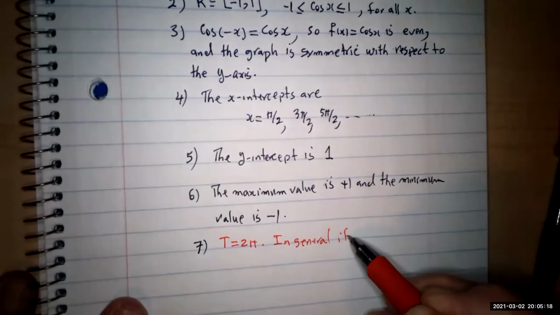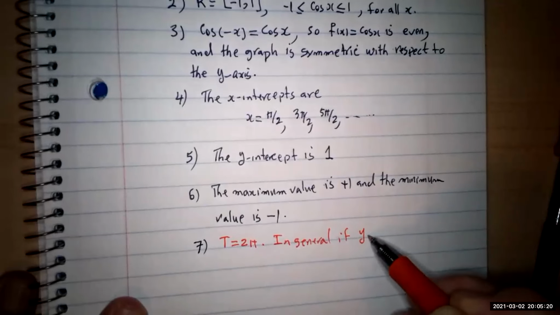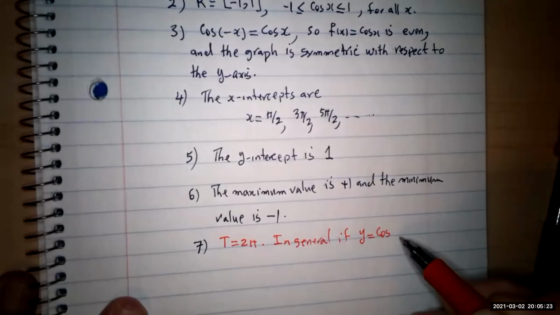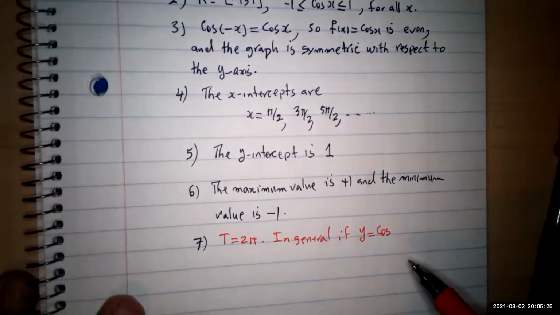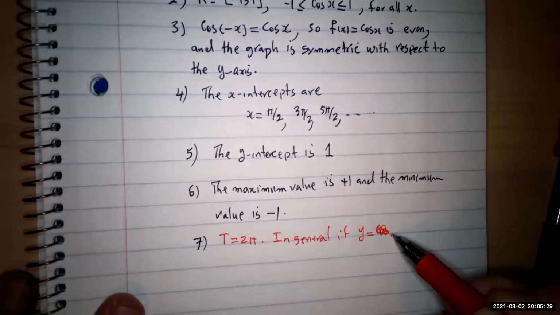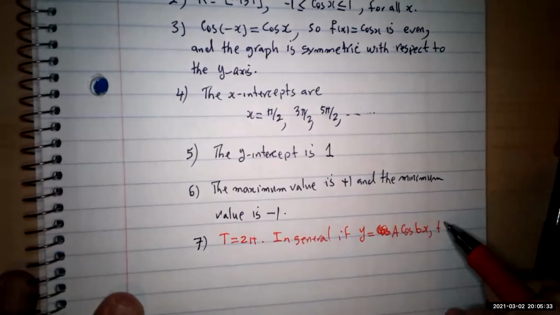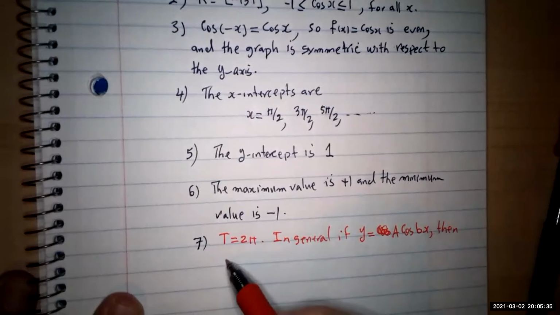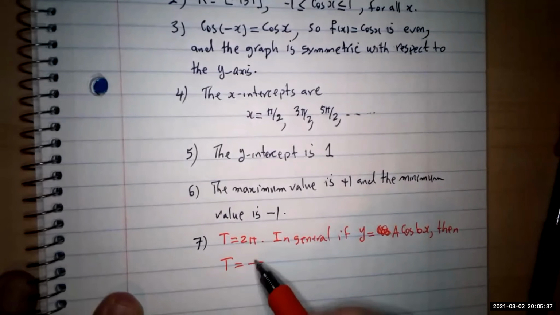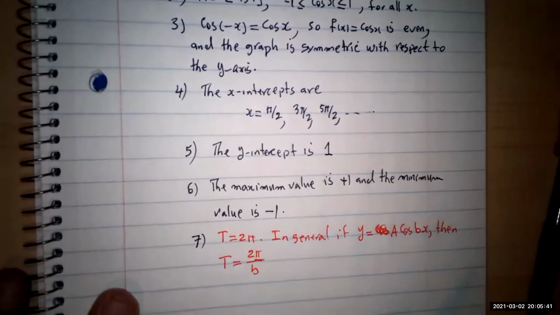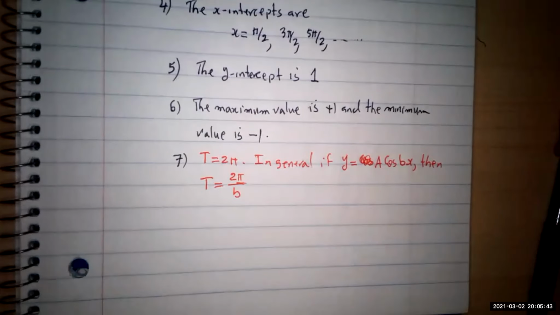In general, if y is equal to a cosine of bx, then the period of this function is going to be 2 pi over b. Exactly the same thing that we did for the sine.